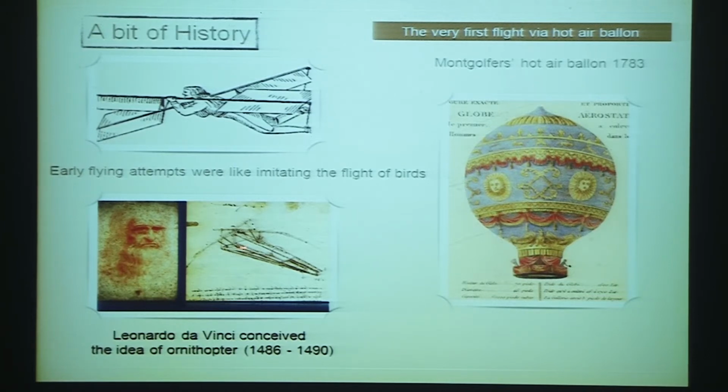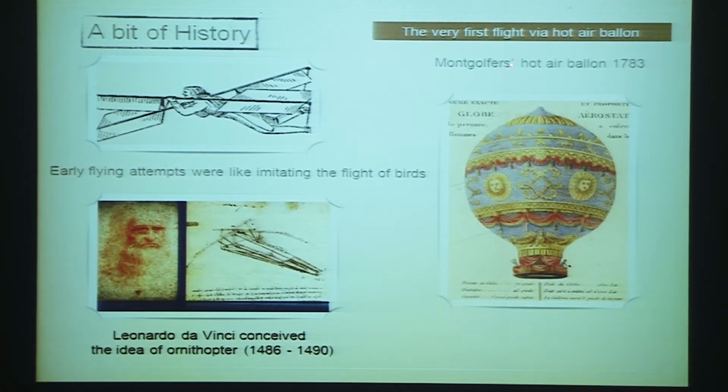So this is one of his diagrams, and it is something like you tie your arms here, there will be wings, and you do this flapping motion and it will gain lift. But I searched the literature, it is not known whether he was able to implement his ideas or not, but this was there in the literature.